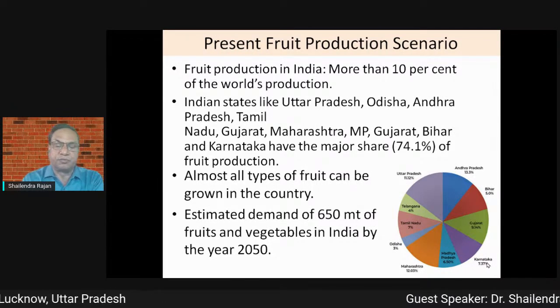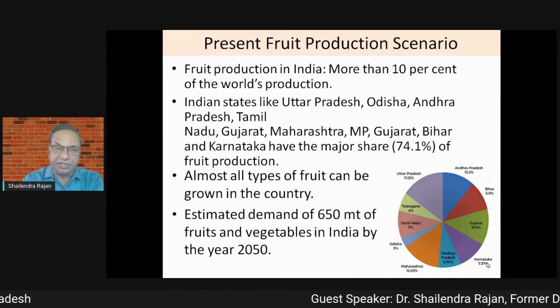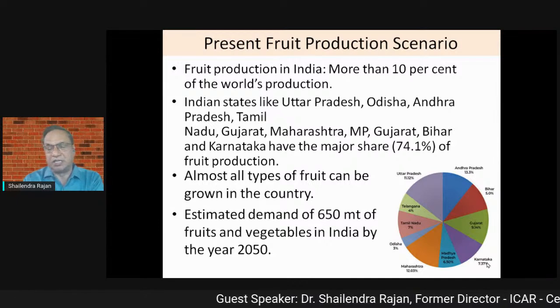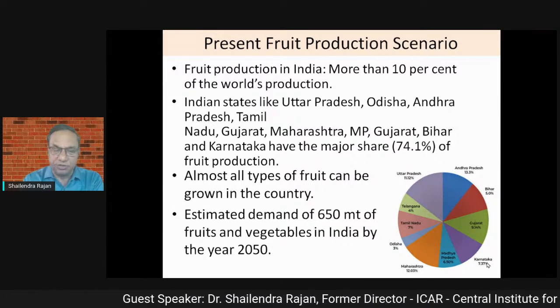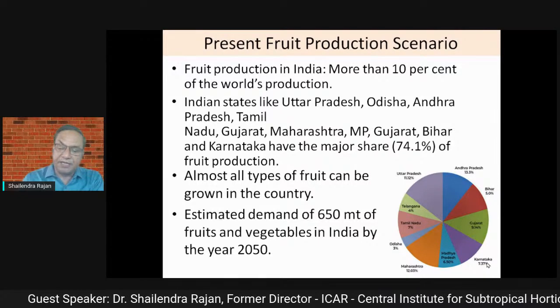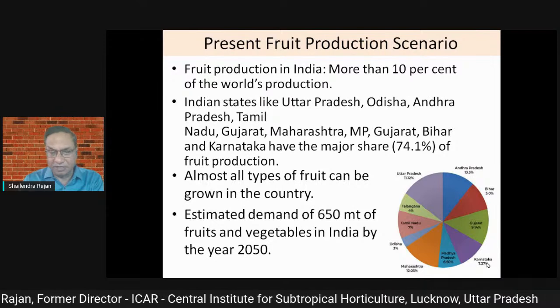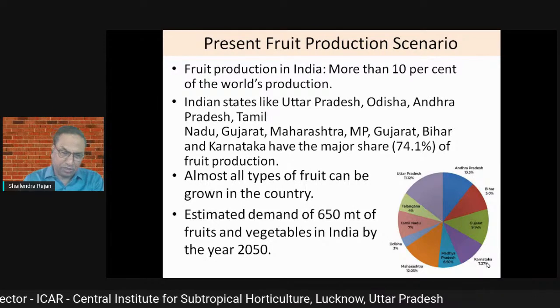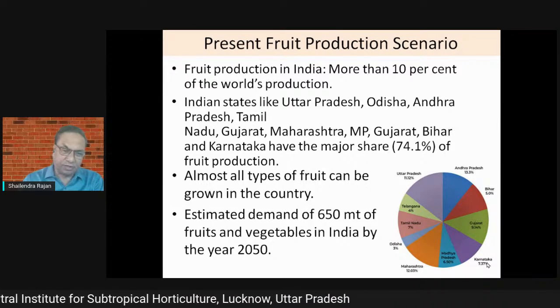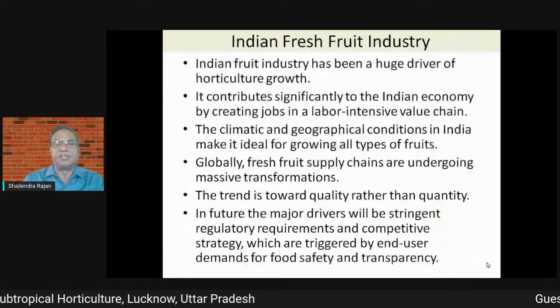Interestingly, all the commercial fruits of the world can be grown in India due to varied agroecological zones, and we are ready and equipped for meeting the estimated demand of fruits and vegetables required for 2050.